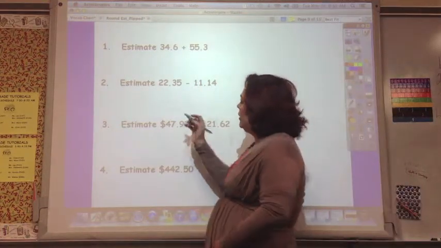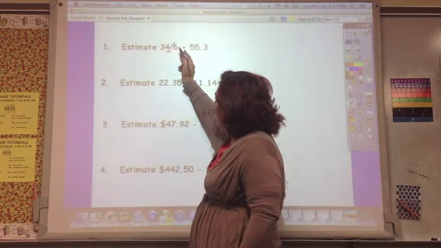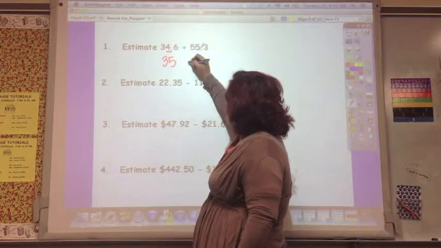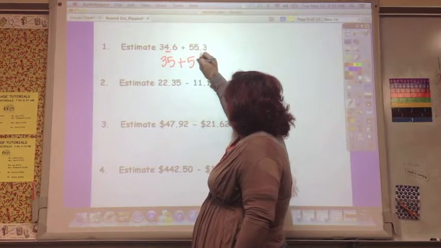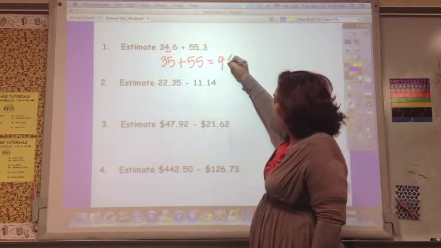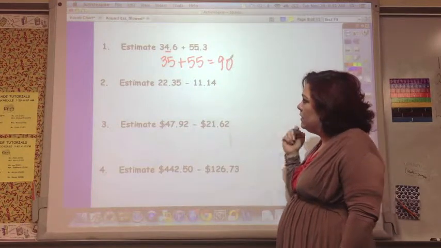So to the nearest dollar would be looking at this. And so 6 would make the 4 go up to 35. And 3 would make the 55 stay the same. So 55 plus 35 is 90. Okay? That's to the nearest dollar.